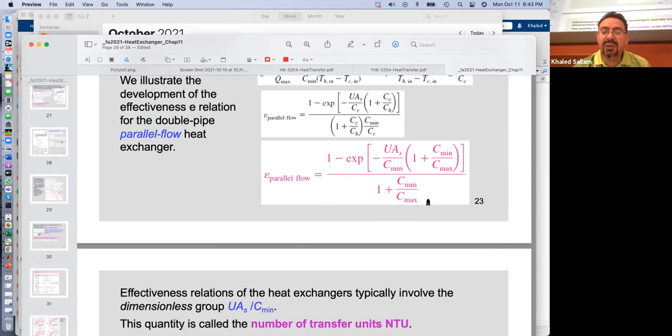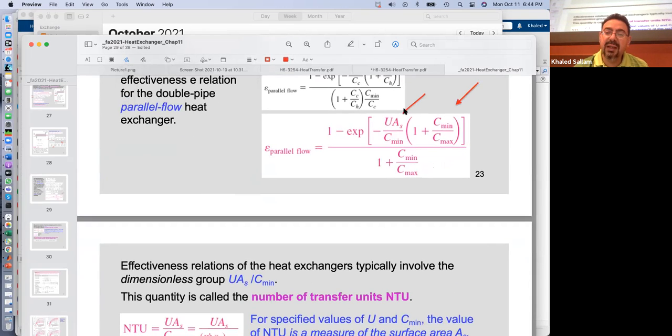In all the formulas you'll always see the ratio C min over C max. C min is either the hot or the cold, and C max is either the hot or the cold, depending on which one is smaller. But the point is that you will see that ratio in the formula, and you will see that over and over.